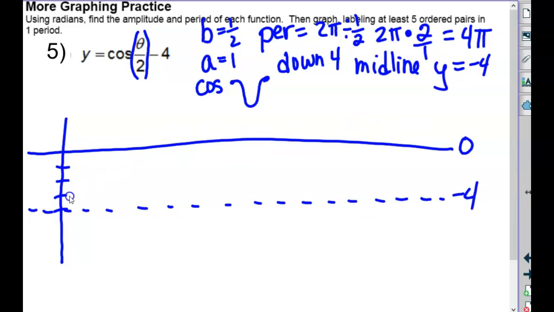Okay, if the amplitude is 1, where are the maxes and mins going to occur? -3 is 1 unit above, and -5 is 1 unit below. So it's just starting here.